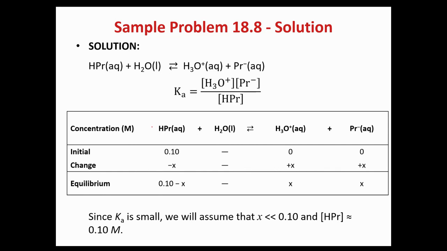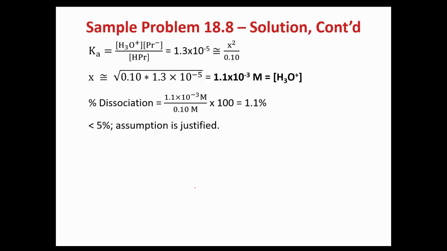So here's a nicer looking one. Products over reactants. Set up your ice chart. Very similar. And then since Ka is so small, we will assume that we can ignore that X right there. And you see how that's what they've done here. So rearranging this, you take the Ka times 0.10 and then take the square root of that to get H3O plus.